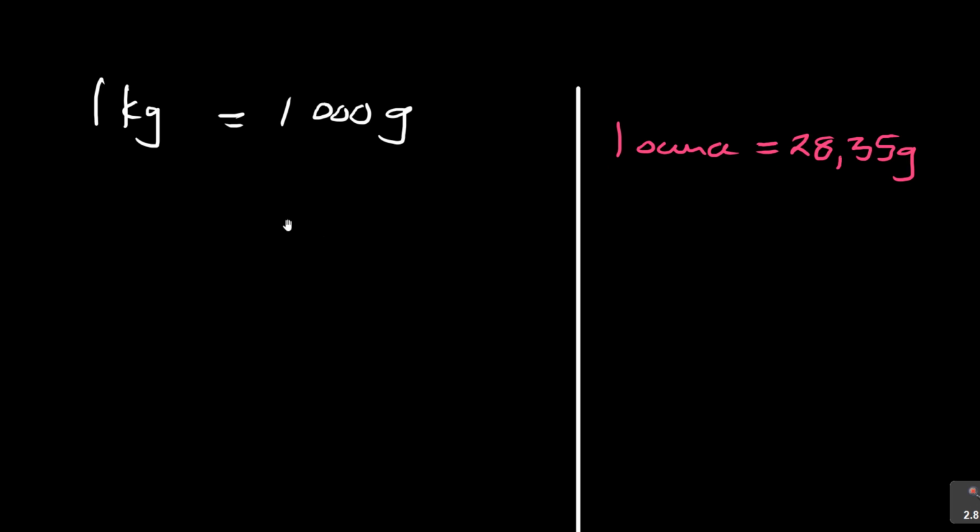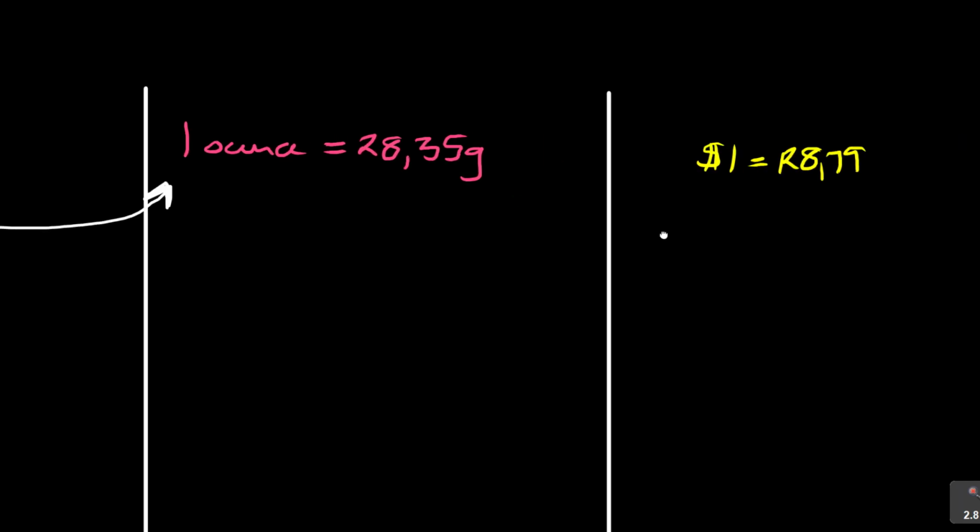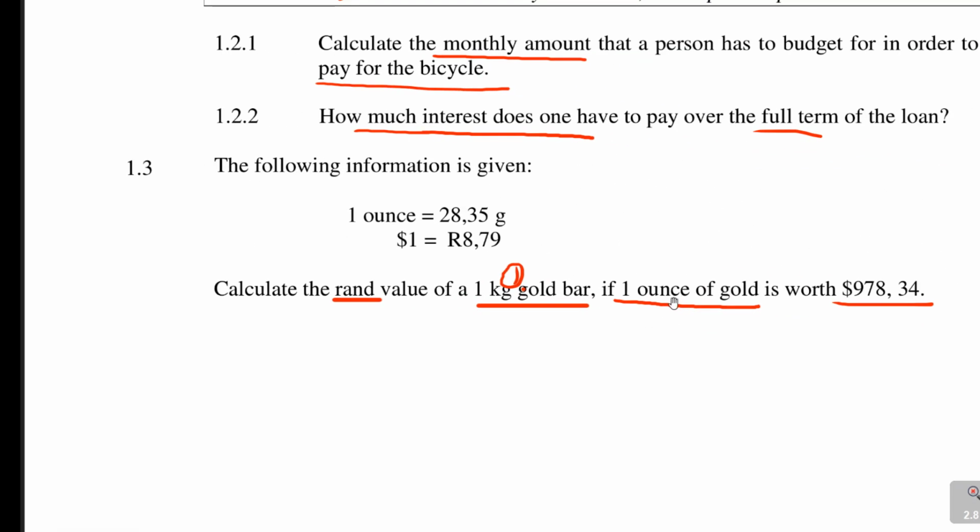Are you with me? Then you take this information here to find how much 1 kilogram is in ounces. Why? Because they gave you the monetary value for 1 ounce of gold. They gave you in ounces to say if you can find out the ounces of gold in 1 kilogram, then you can use this.